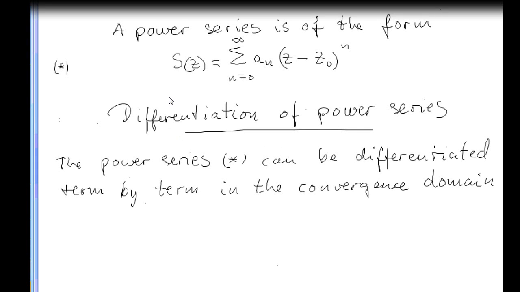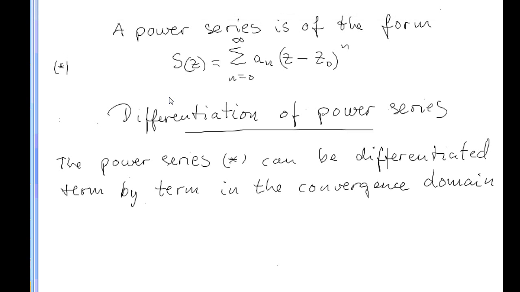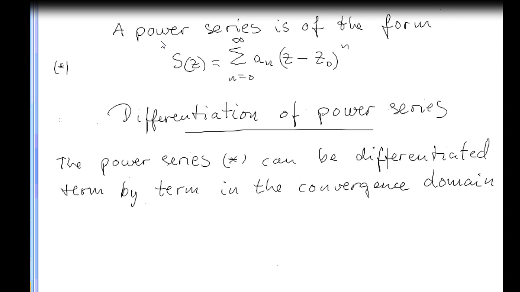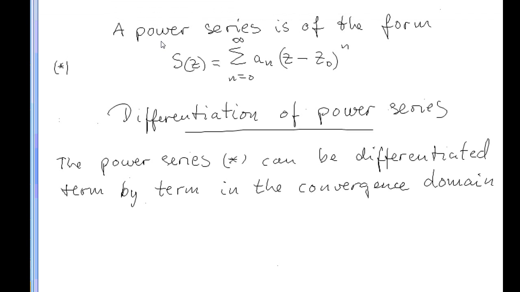If we have a sum of differentiable functions, and the number of functions in this sum is finite, then we can take the derivative of this sum equal to the derivative of each term.